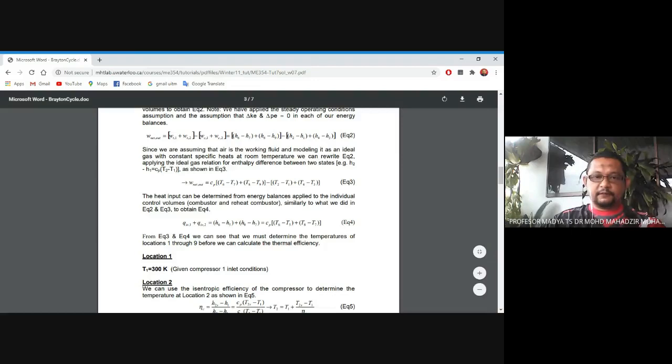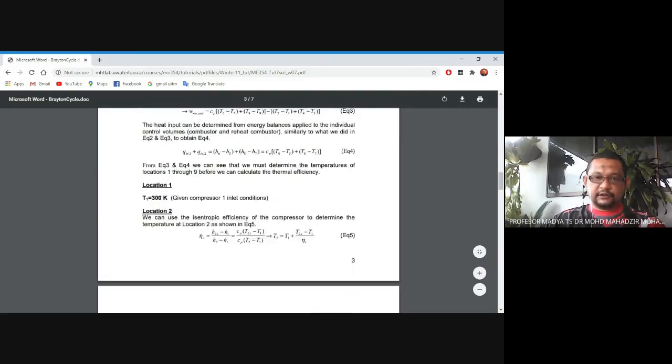This is for W net. For Q in 1 and Q in 2, same as what I have mentioned, delta H, and then simplify it in the formula Cp delta T. These are the equations for which you have to find all the values to get Q in 1 and Q in 2.